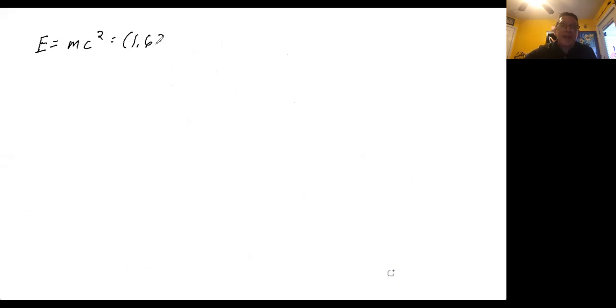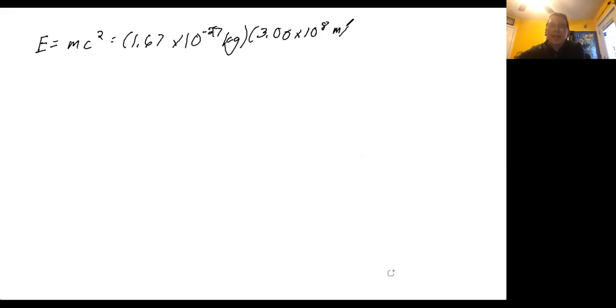So that's 1.67 times 10 to the negative 27 kilograms. And then you're multiplying by c, so 3.00 times 10 to the 8 meters per second, and you're squaring that. And so in joules, that is 1.50 times 10 to the negative 10 joules.